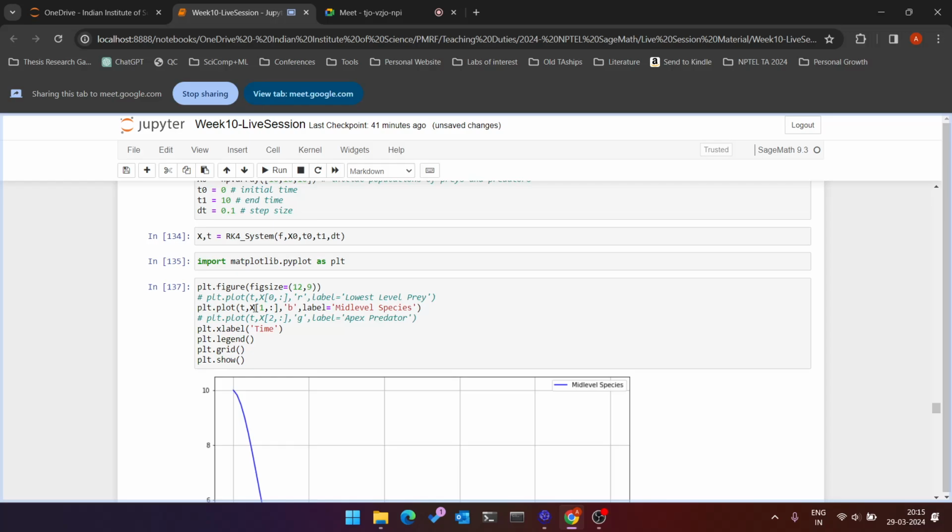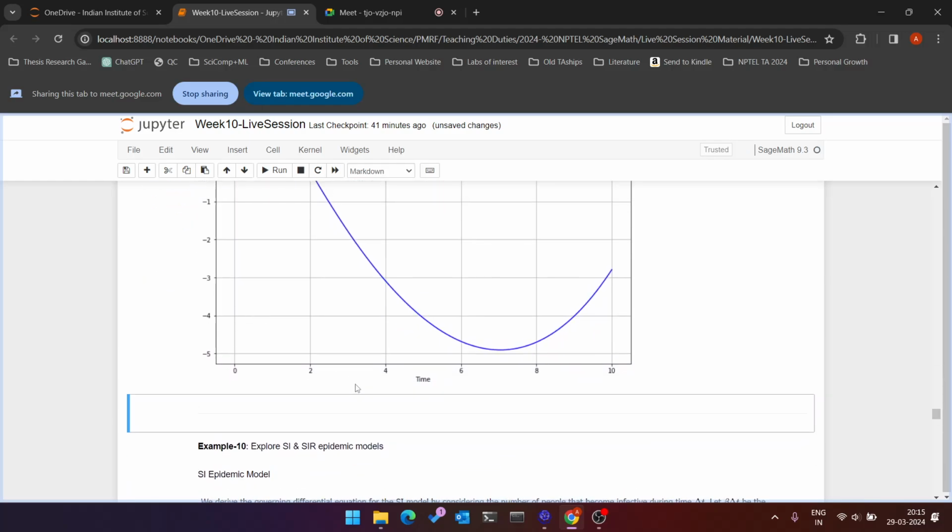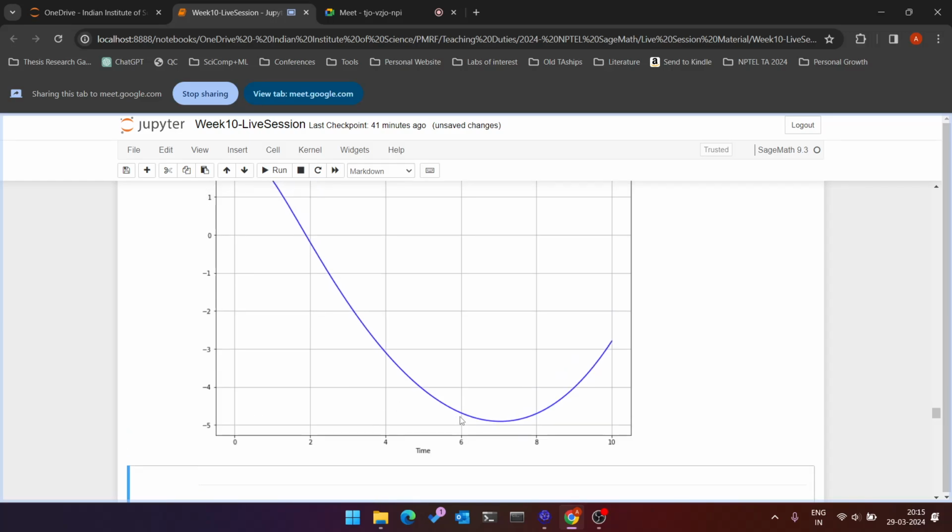So let's see, can I do np dot log x1. Right, so you can see that in the log plot, I think this is clear. It means that it's getting to a very small value, but it's not going to zero.